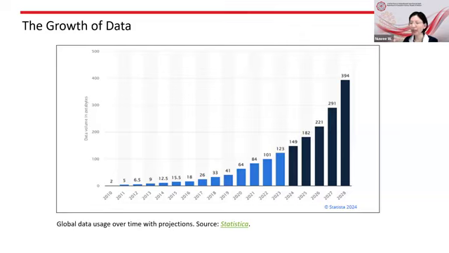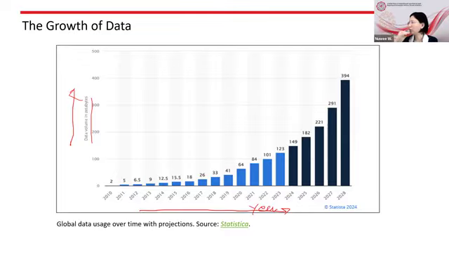When you look at the graph, the first thing that you need to know is what is the x-axis, what is the y-axis. Okay. So what is the x-axis? X-axis is year, right? The y-axis is the data volume in zettabytes.